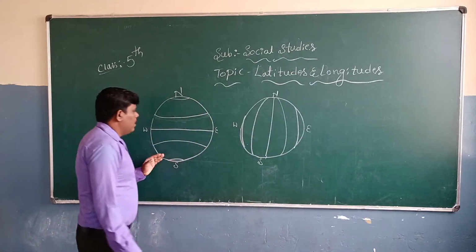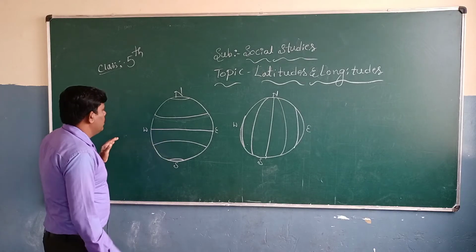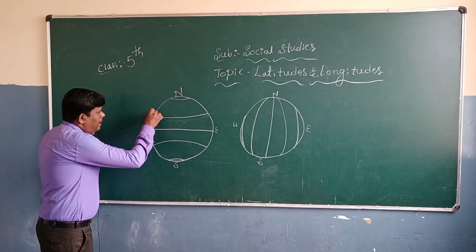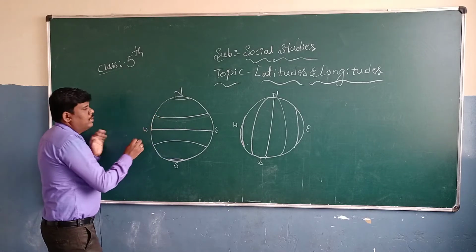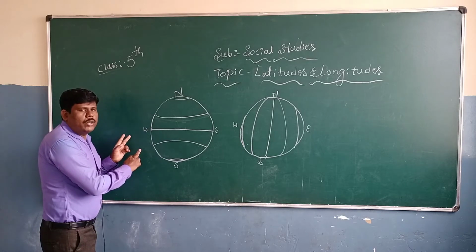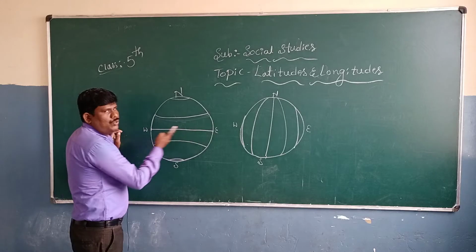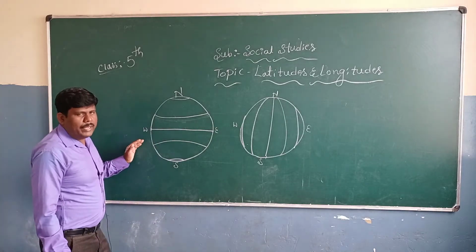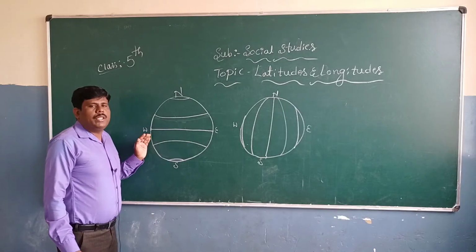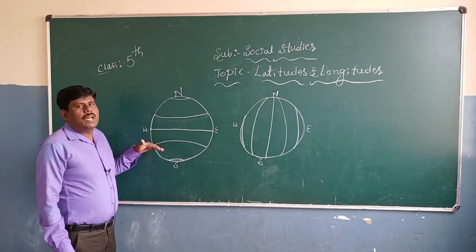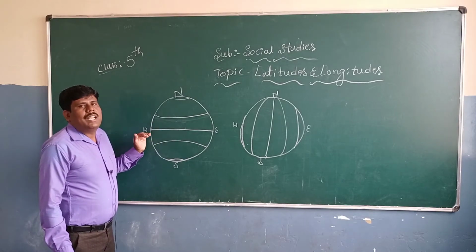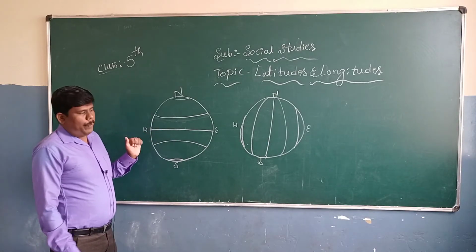See, first one, latitudes. The imaginary lines drawn on the globe from east to west are called latitudes.